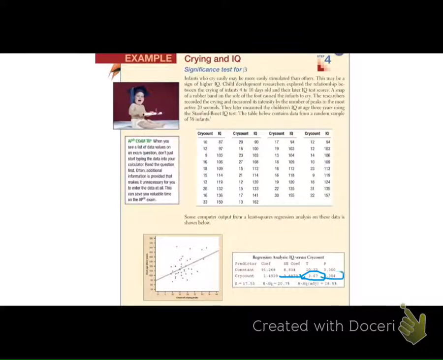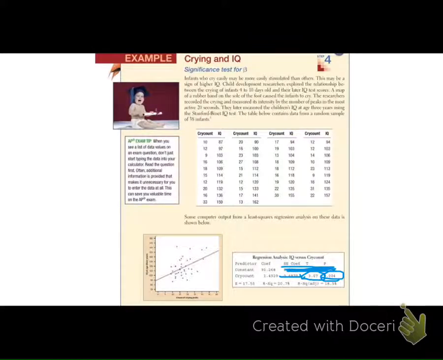And then this last column next to cry count is the p-value, and that p-value is always for a two-tailed test. Now this top row, the standard error of the constant and the t of the constant and the p-value of the constant, we pretty much can just ignore.